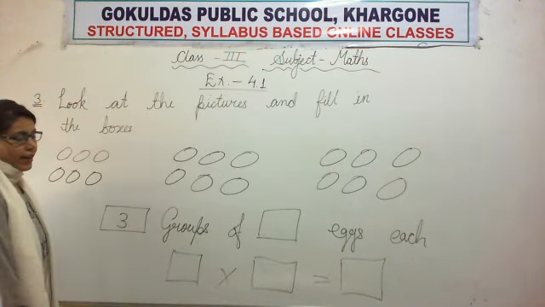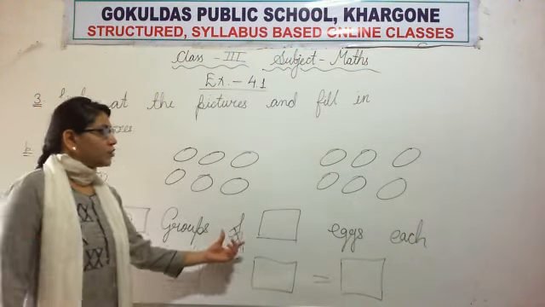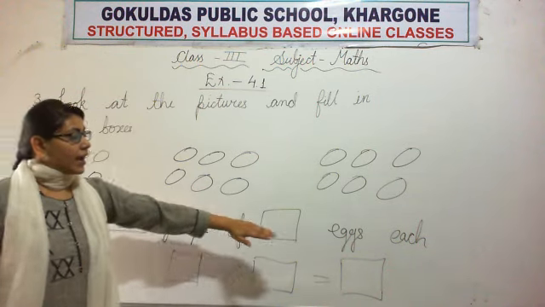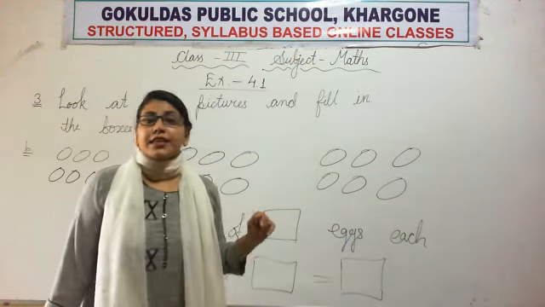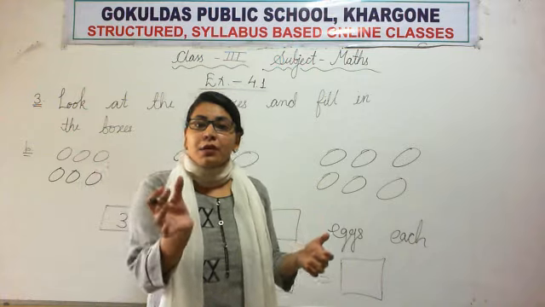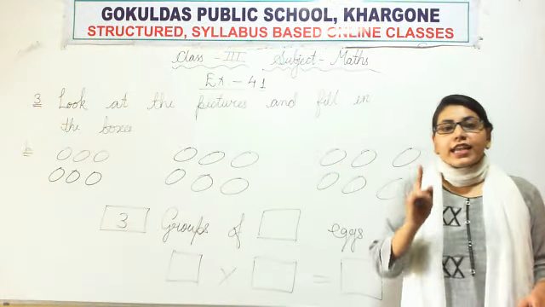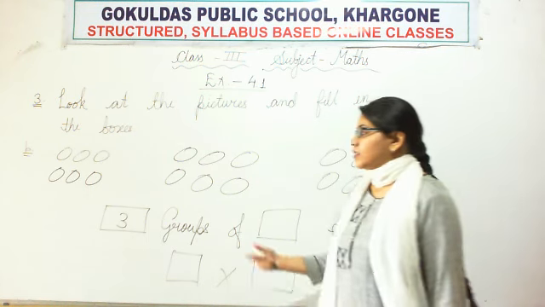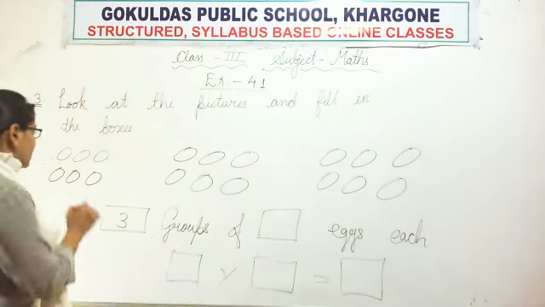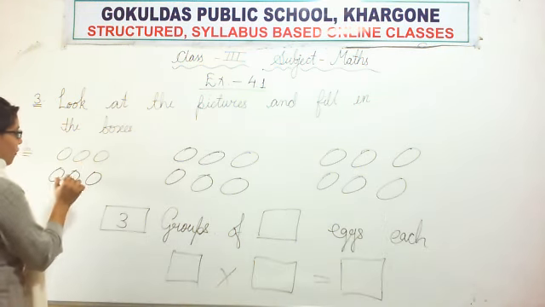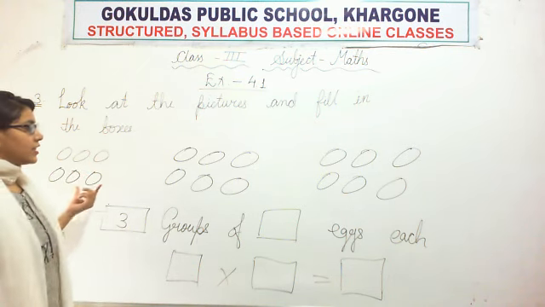So we'll write 3 here. 3 groups of blank eggs each. It means now we have to find the number of eggs in one group. So let's do it. 1, 2, 3, 4, 5, 6. 6 eggs in this group.